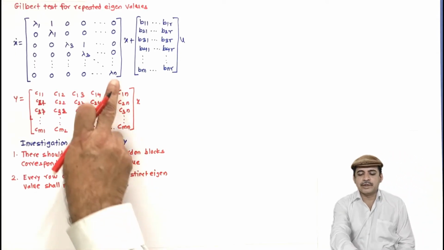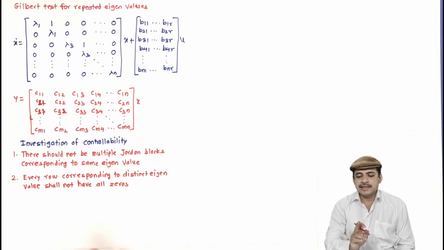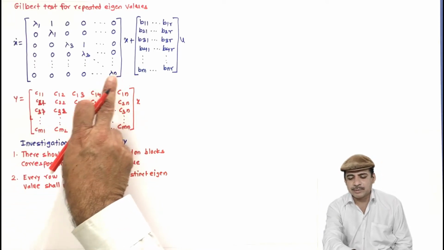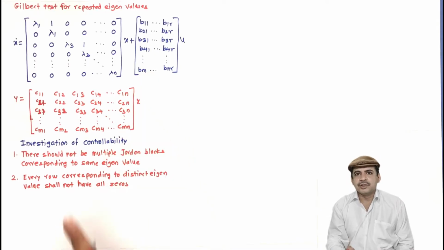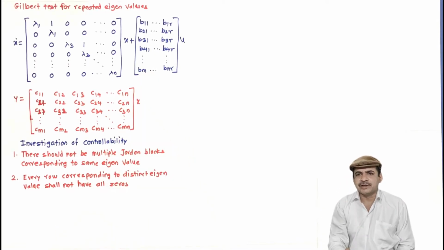For example, here we have lambda n which is distinct. That means a row corresponding to lambda n in B is the last row. So this last row must have at least one non-zero element. All elements shall not be zero. If all elements are zero, then system is not controllable.